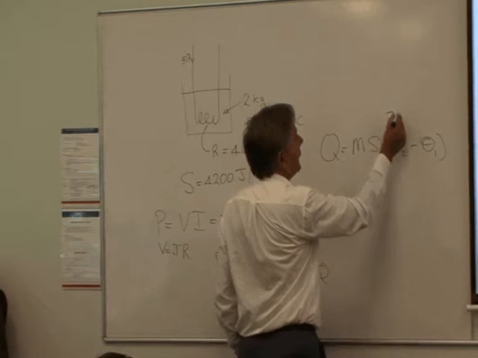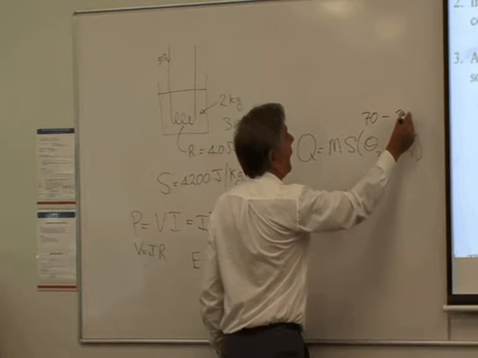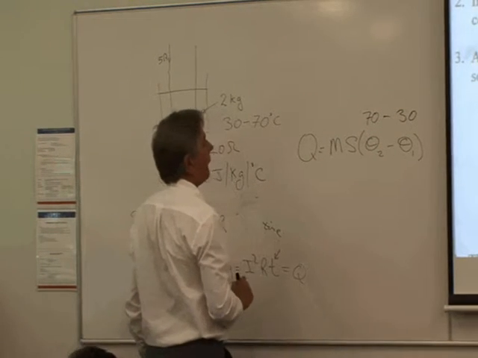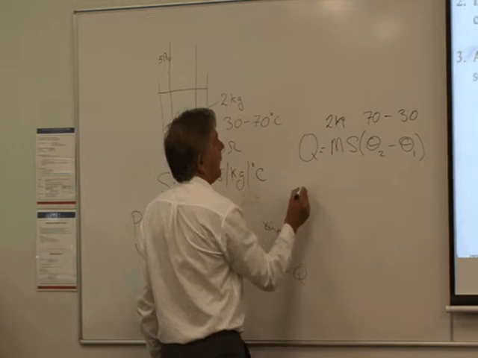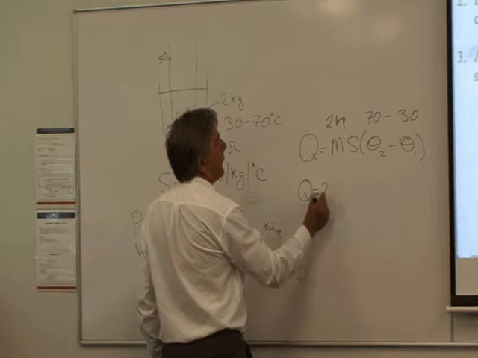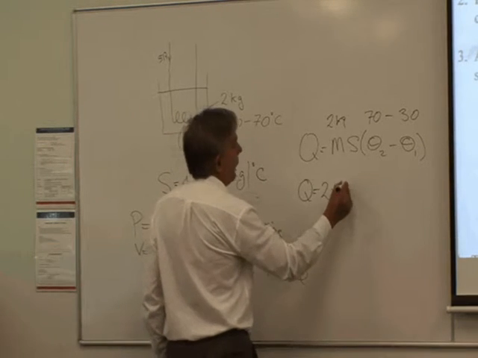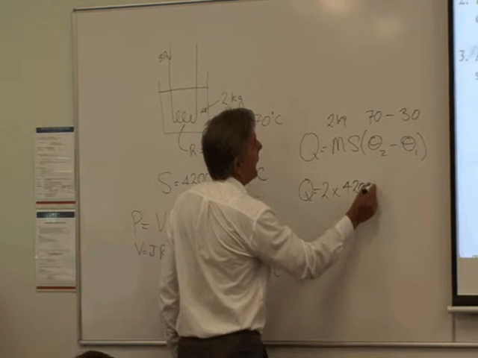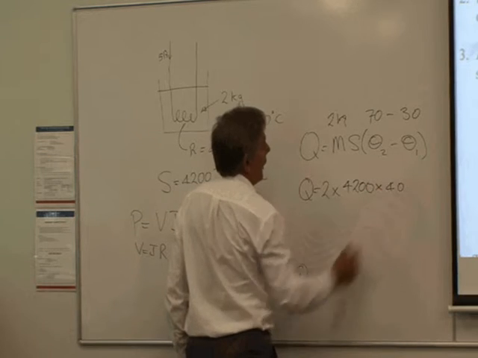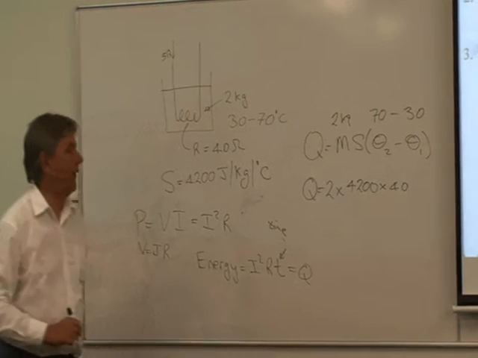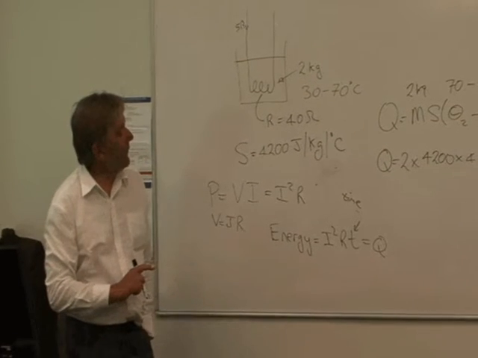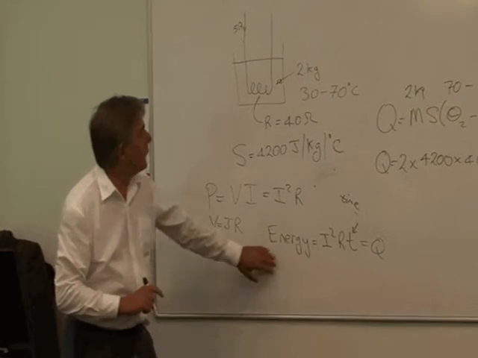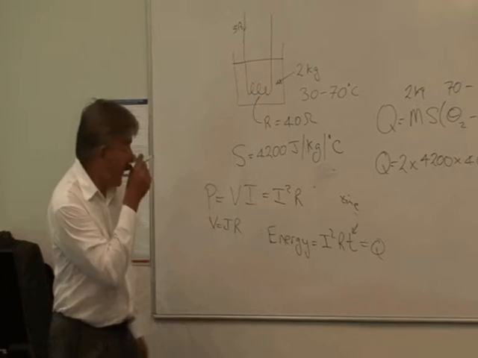The temperature rise is 70 minus 30, so we've got 40 there. We know the mass is 2 kilograms, so Q equals 2 times 4,200 times 40. That's the energy that we've had to put into the water to heat it, and all that energy has come out of the heating coil.